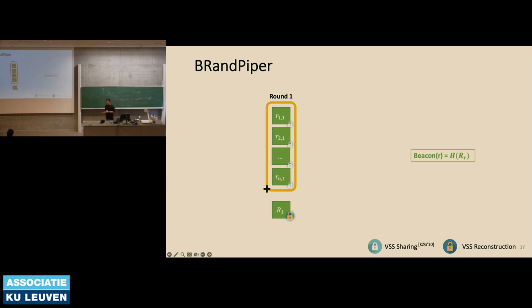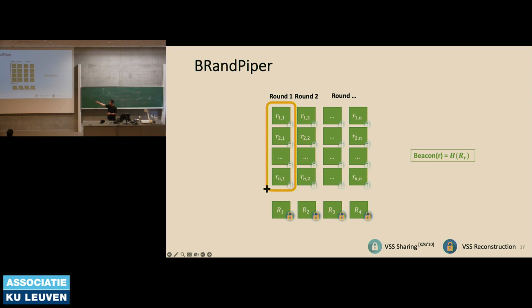We can just define the randomness beacon for round R to be the hash of this combined random number. This would be very ideal if you could do it. Maybe for round 2, we'll take one more fresh sample of VSS from everybody, some secret sharing from everybody, and we'll combine all of them, and we'll make every random beacon to be inputs from everybody. This would have been so nice.